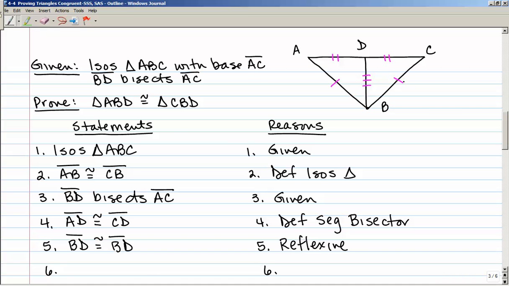And I have to state in my proof that here's a side, and here's a side. I have to state those three sides are congruent, so I do have to state the reflexive property, that segment BD is congruent to itself. And now I can say the triangle ABD is congruent to triangle CBD by the SSS postulate, or you can just write SSS.